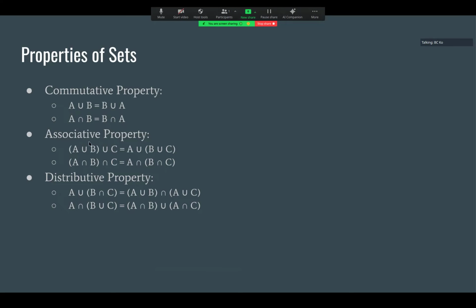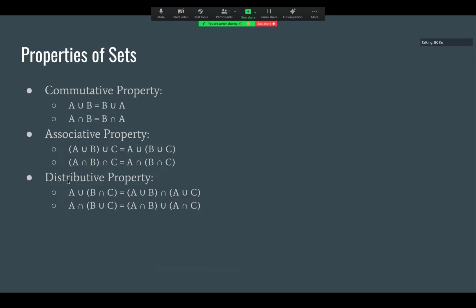So for example, A union B union C is the same as A union (B union C), and similarly for intersection as well.